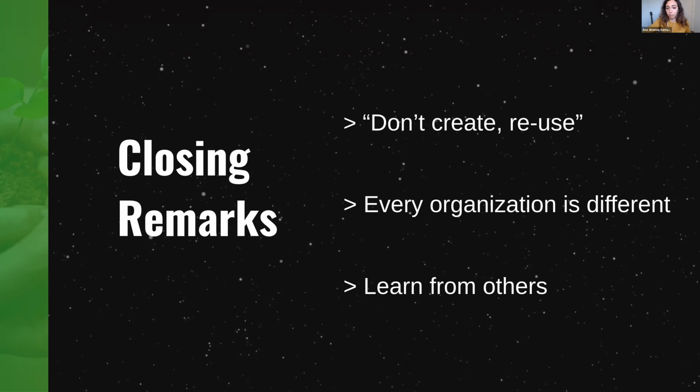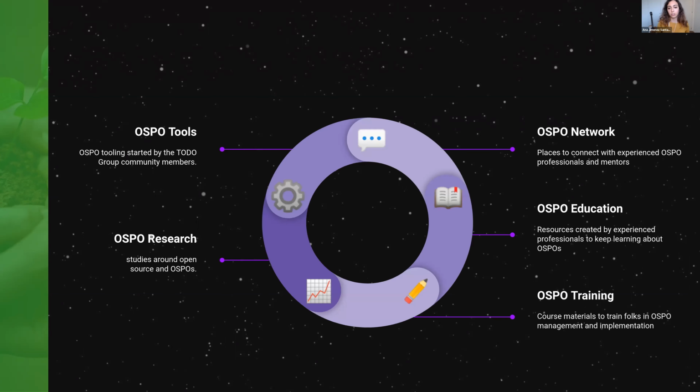And with that, I would like to share a short story about TODO Group. It is a community focused more on open source program offices, but I think this topic is important because at the end, we are a group of organizations building resources together to help a new generation of open source program office practitioners with issues these organizations have had in the past.